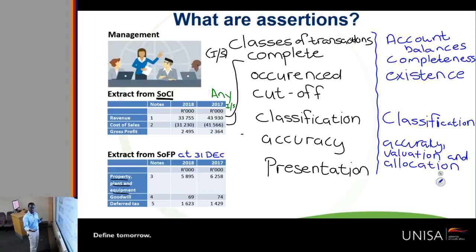For example, inventory should be valued at the lower of net realizable value and cost. So you'd want to see that that has been adhered to. So you have completeness, existence, classification, accuracy, valuation, and allocation.